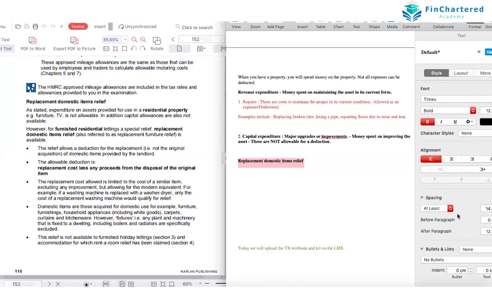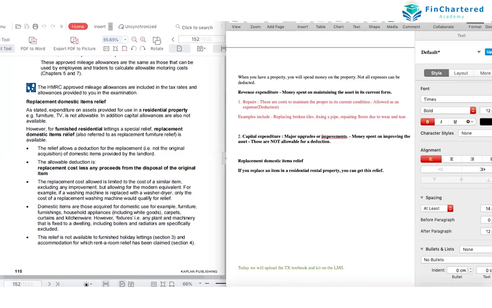This is where you are talking about a furnished residential letting. There is some relief on replacing furniture. What do I mean by some relief on replacing furniture? If you replace an item like furniture, fridge, curtains, microwave in a residential rental property, you can get this relief that I'm talking about.